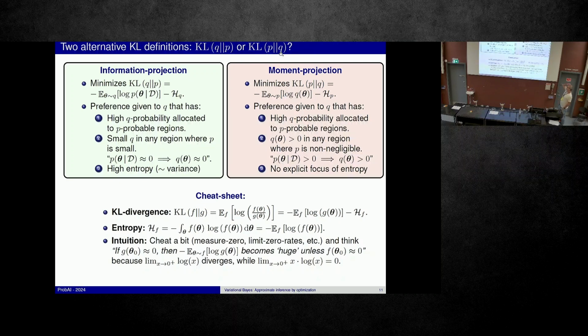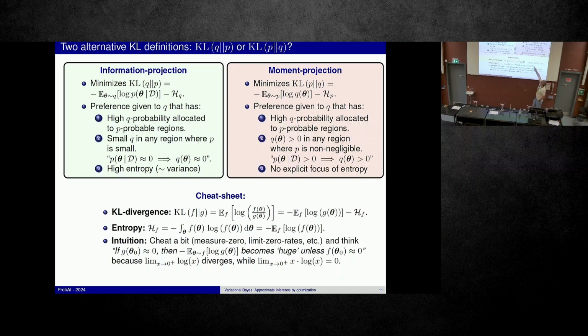Let's consider what these two are and how they differ. Here I have a cheat sheet at the bottom, defining what the Kullback-Leibler is, what entropy is, and also here there is a piece of intuition that you will need, specifically relating to how things behave when they go to 0.